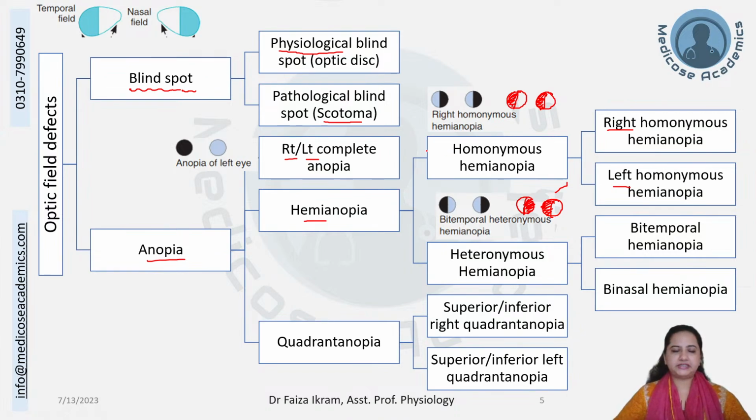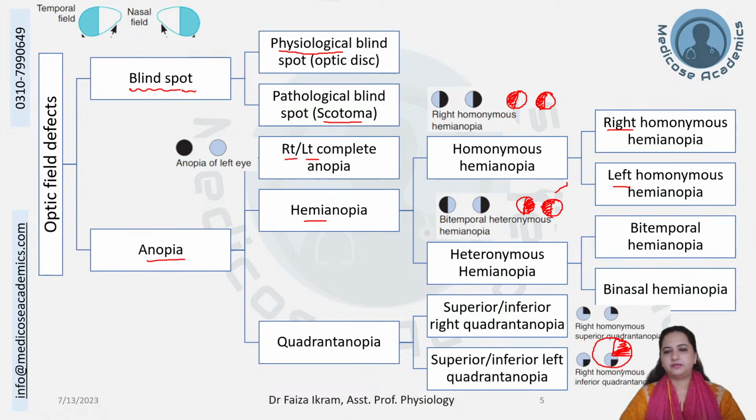If we go further, at the level of optic radiations, if the lesion occurs, the field of vision lost might not be the complete half, but just one quadrant. It can be superior or inferior quadrantanopia on the right side or on the left side. If the quadrantanopia is on the same side of both eyes, right half of vision, superior field of vision, this is right, superior, homonymous quadrantanopia.